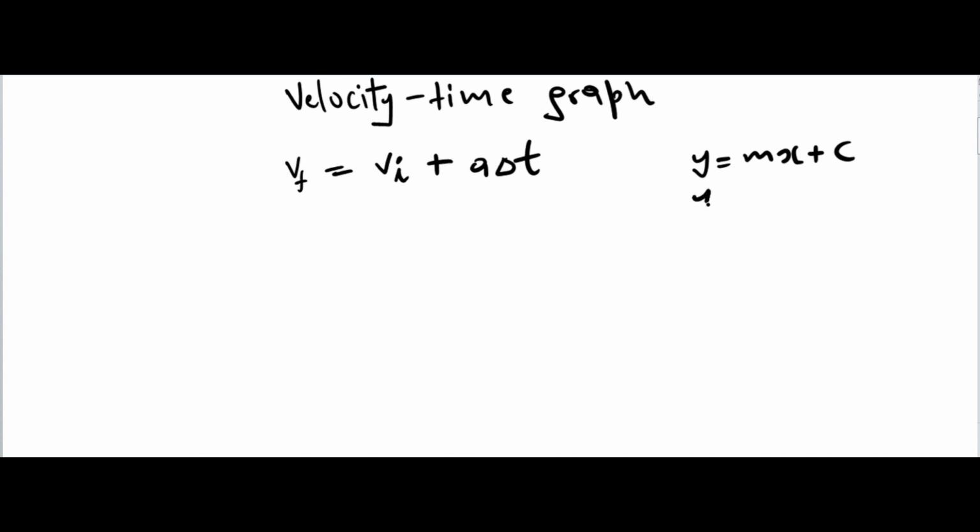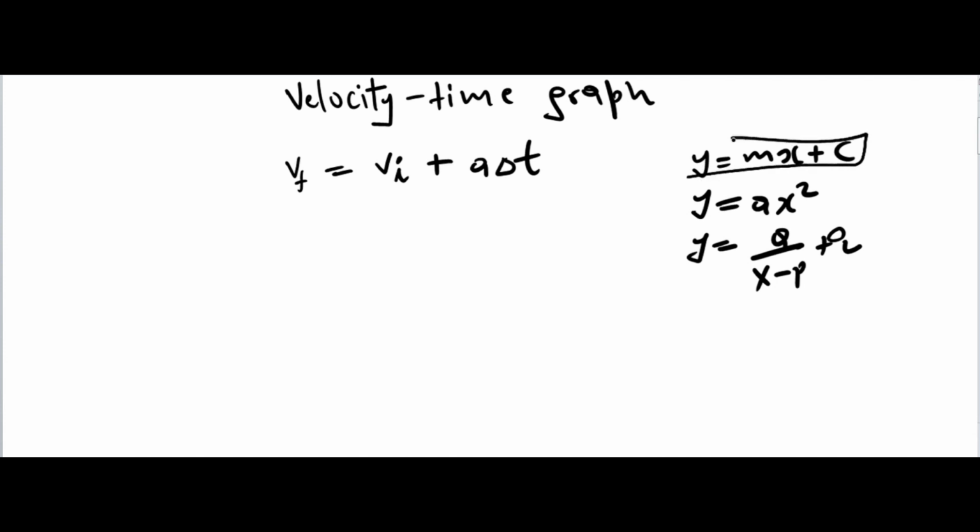Then we have y is equal to ax squared. Then we have y is equal to a over x minus p plus q. So this one is a linear function. The focus is on x. There is an exponent which is 1 there.